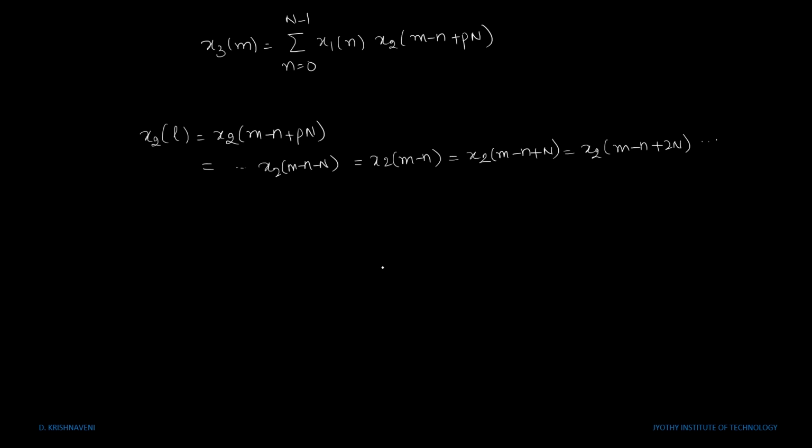And all these values are equal, and we can write it as x2 of m minus n modulo N, because you can see that it is periodic repetition of x2 of m minus n.